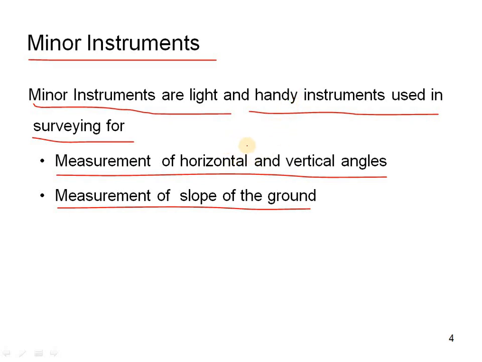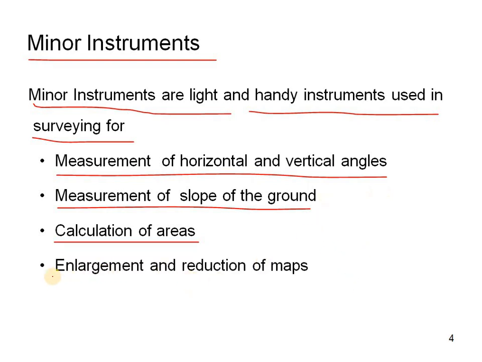They are used for measuring horizontal and vertical angles, measuring the slope of the ground, and calculation of areas, that means how much area this land has. So we can calculate it with a minor instrument also. And enlargement and reduction of maps. This is another main point, used in contour maps.